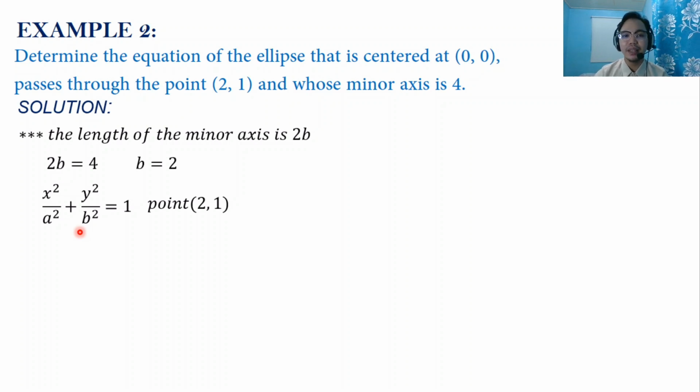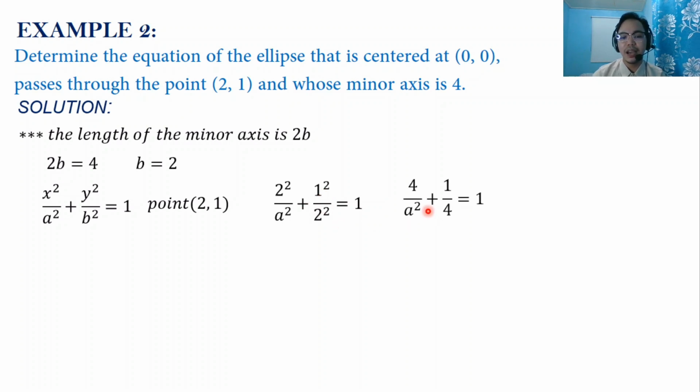So let us find the value of a. By substitution, this is x, 2. This is y, 1. Then we have the value of b, that is 2. So by substitution, we have 2 squared over a squared plus 1 squared over 2 squared equals 1.